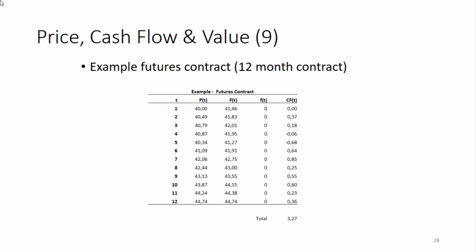Then one month later, at time 3, market circumstances are such that if I want to agree upon the buying or selling of an asset at time 12, and I want to do that at time 3, then the price that I can agree upon is 42.01. Well, at time 2 you had agreed upon the new conditions as a long holder of 41.83. So again, you say, well, I'm still very happy, because the conditions have further deteriorated for the new buyers of the futures contract, because I have an old futures contract which is far more attractive.